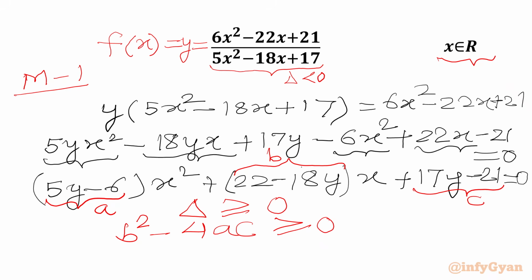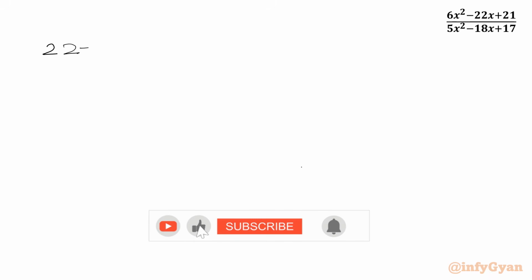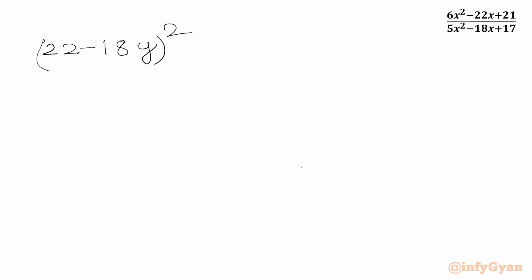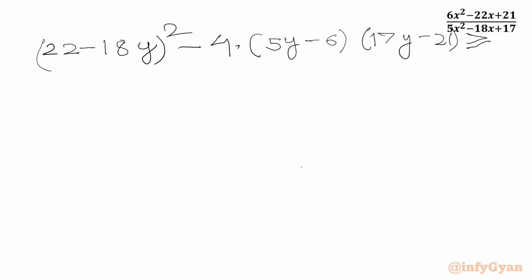Let's put a, b, c: (22 − 18y)² − 4 times (5y − 6) times (17y − 21) must be greater than or equal to 0.